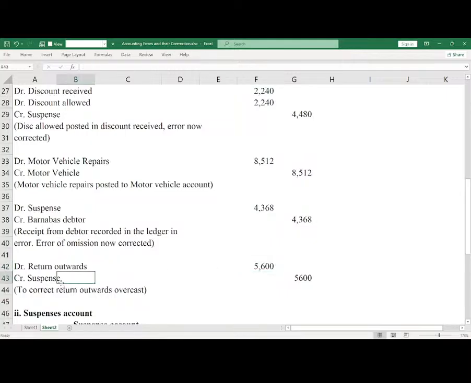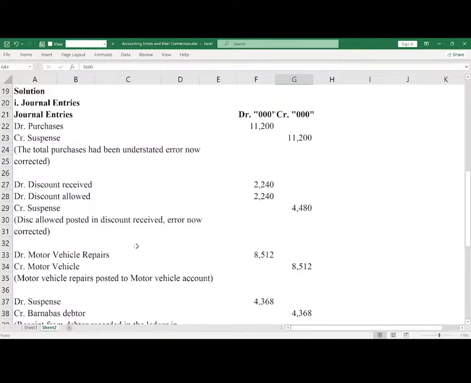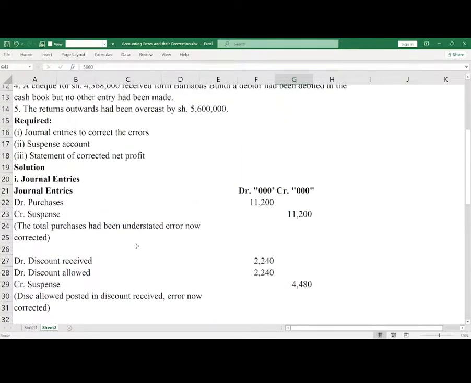Then you have the credit suspense with the same amount. We credit with 5,600. So this one will correct the return outwards overcast. So it had been overcasted by 5,600 and that is 5,600,000. So these are the entries that you are supposed to do, the journal entries.